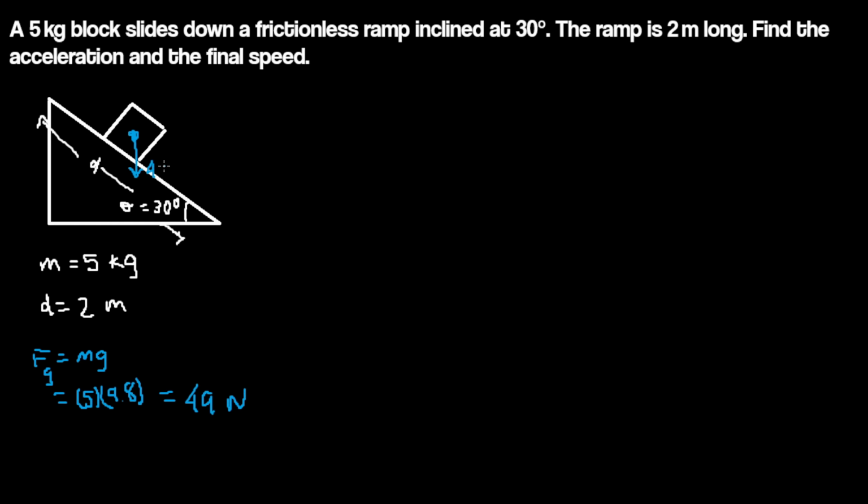So we have 49 newtons pointing down. Now, we can apply our formulas. Along the ramp, we have 49, which is mg, times sine of 30 degrees. And our normal force, which is just our y component of gravity, is 49 cosine 30 degrees. Now, if we solve both of these, we get 24.5 newtons for this.